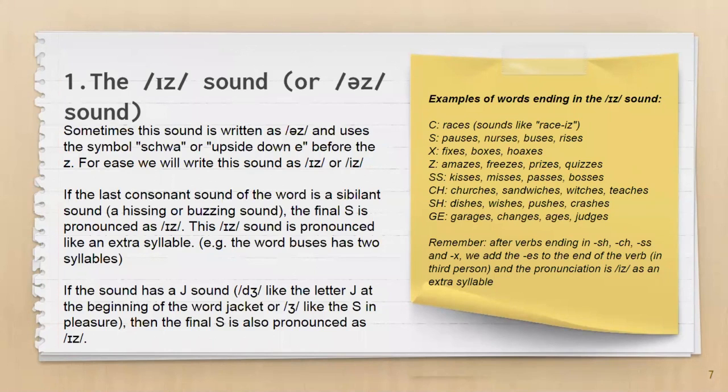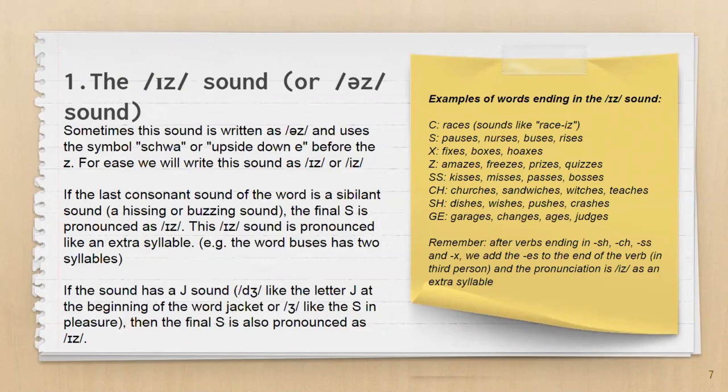Now, to make it simpler, let's see some examples: raises, pauses, fixes, amazes, kisses, churches, dishes, and finally changes. Now, remember that after verbs ending in SH, CH, double S, and X, we add the ES to the end of the verb in the third person, and the pronunciation remains IZ as an extra syllable.